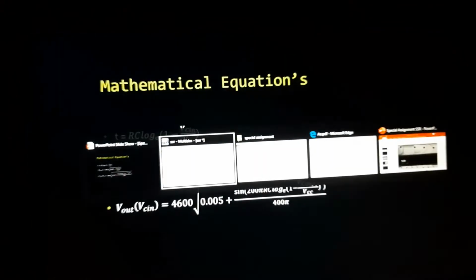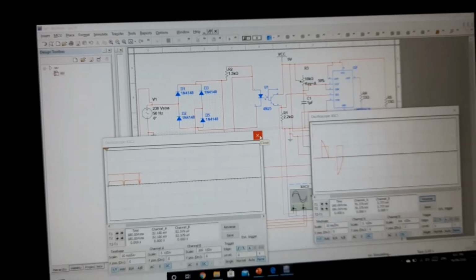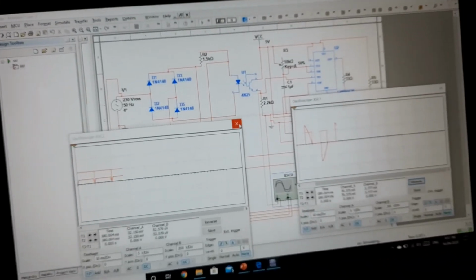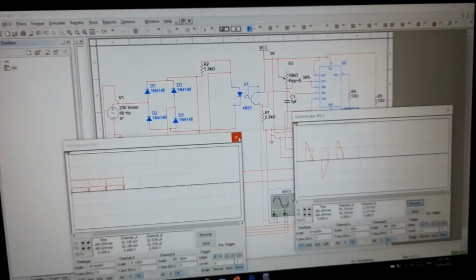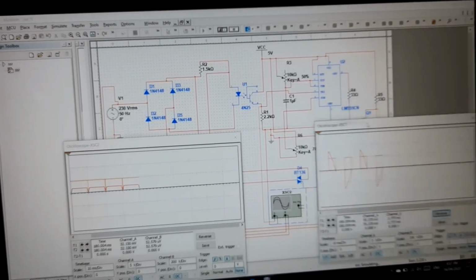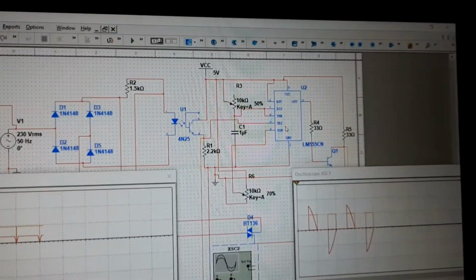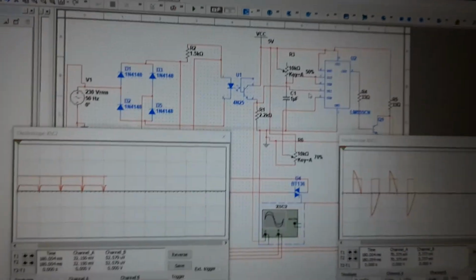And we can even make it a hardware based controller, where we just rotate the potentiometer and the output will change. For that we just need to give a ground to the control pin of the 555 timer IC. Let's see, I will give it.